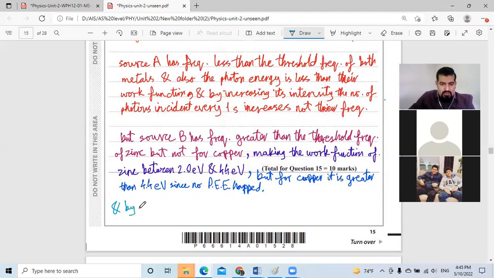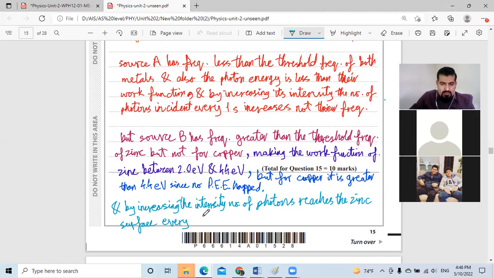And by increasing the intensity, the number of photons reaching the zinc surface every 1 second increases, so more electrons are released.